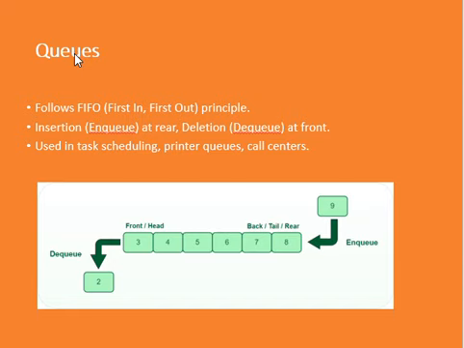A very good example of queue is a ticket reservation counter. See, the first item is added in the front, and the next items will be added after that, and the rear will be incremented by 1.